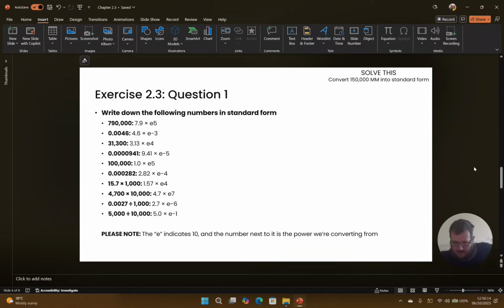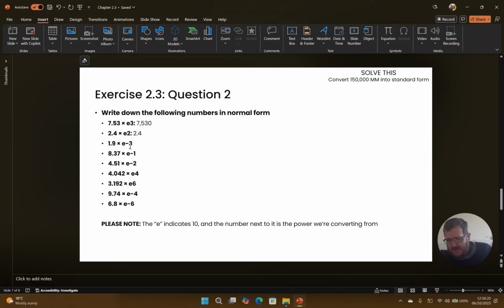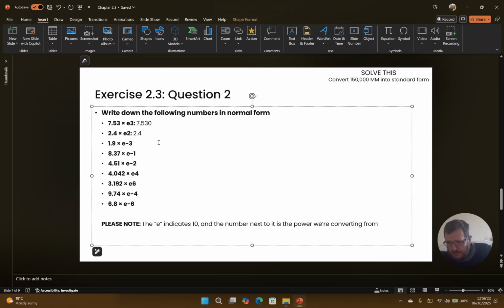Right. Everyone's prone to making mistakes. Right, let's get back to this. 1.9 E3 minus 3.